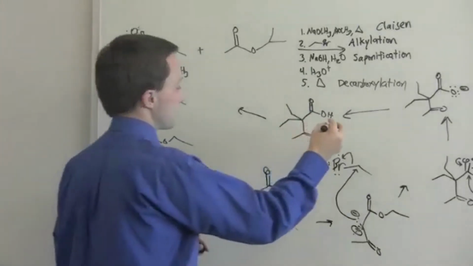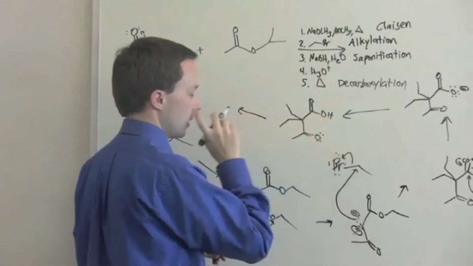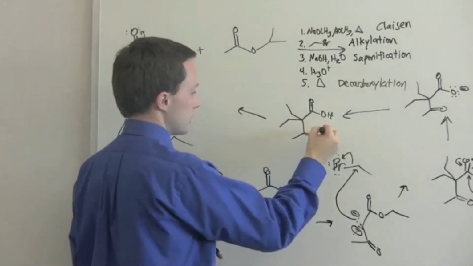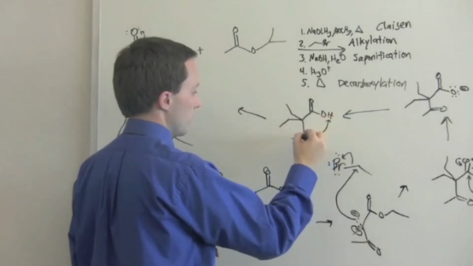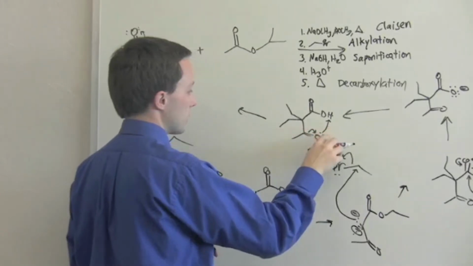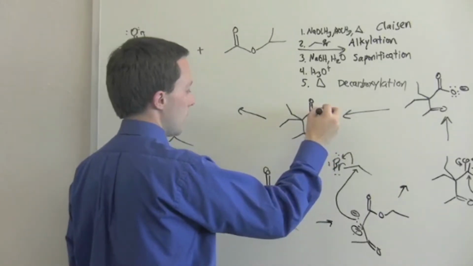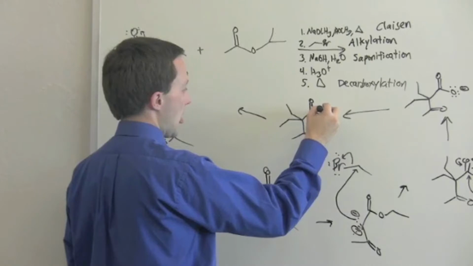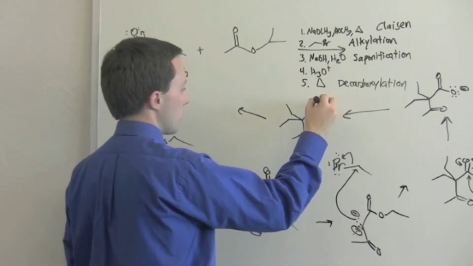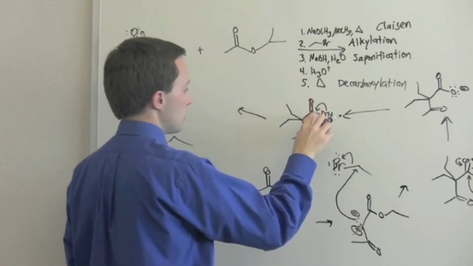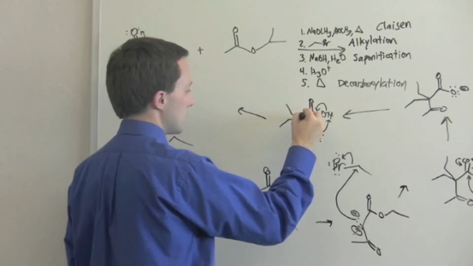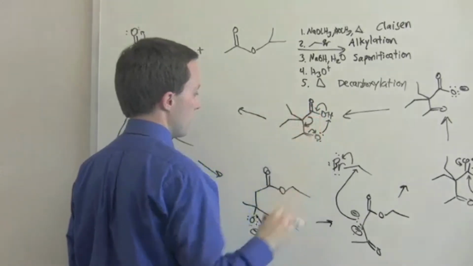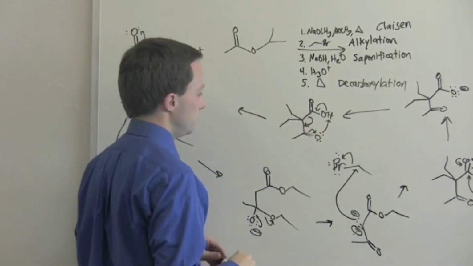And so what happens is this kind of interesting set of steps where this bond will go up here and break. This lone pair will go and grab that hydrogen. That bond between the oxygen and the hydrogen will go to this position, which means a bond has to break on this carbon, and it's this one. And it goes there to form an enolate.